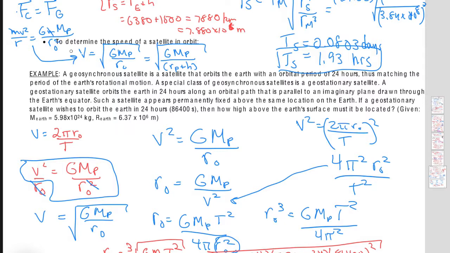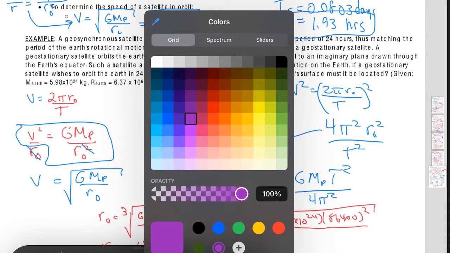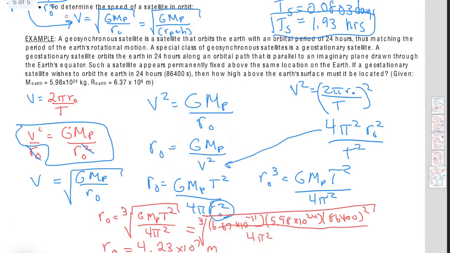Going back to my R_O, R_O equals R_P plus H, which makes H equal to R_O minus R_P.